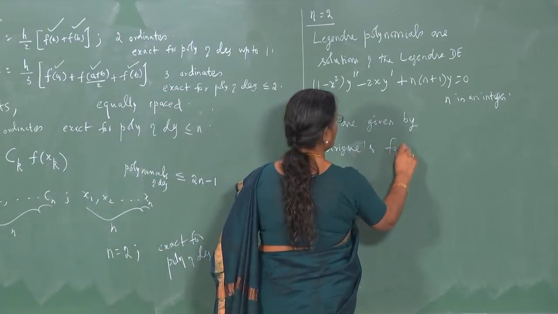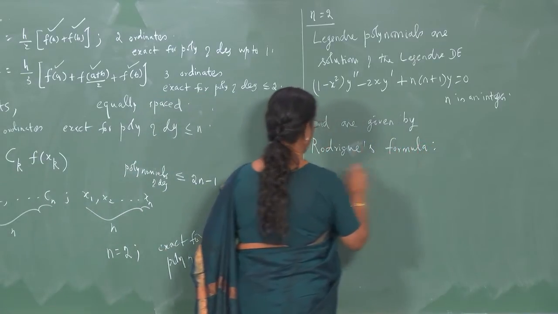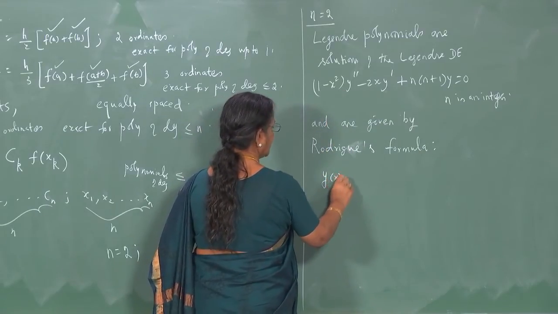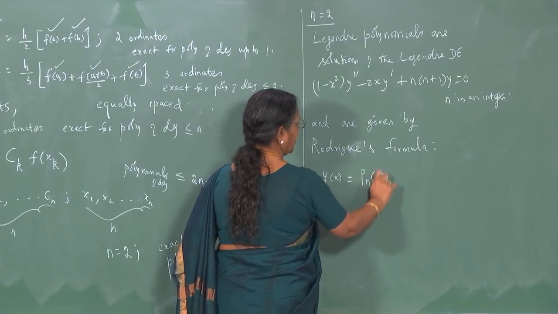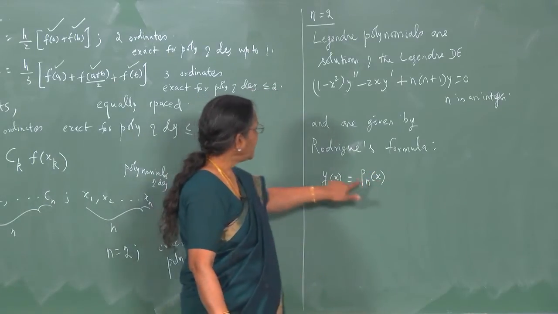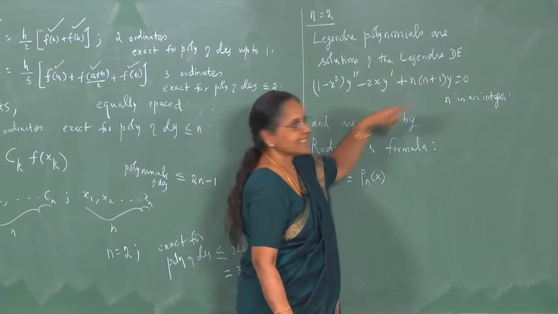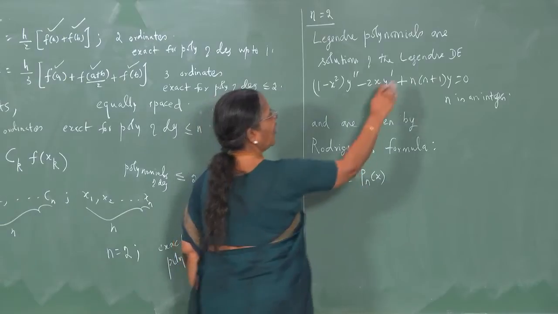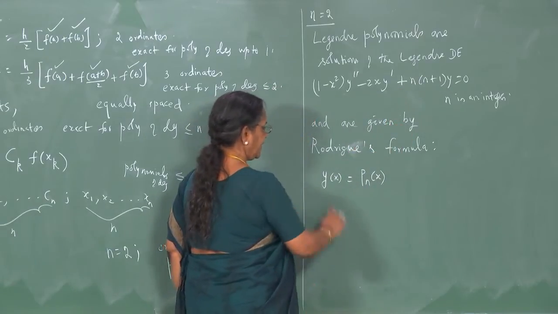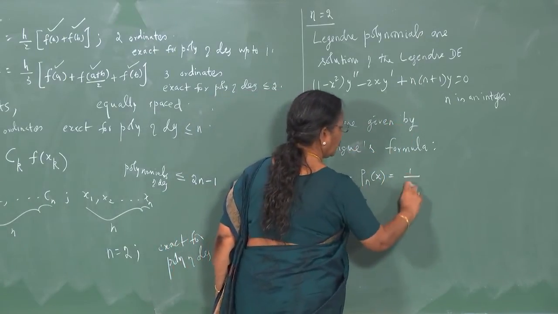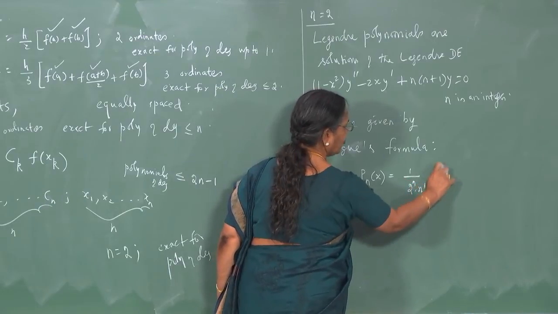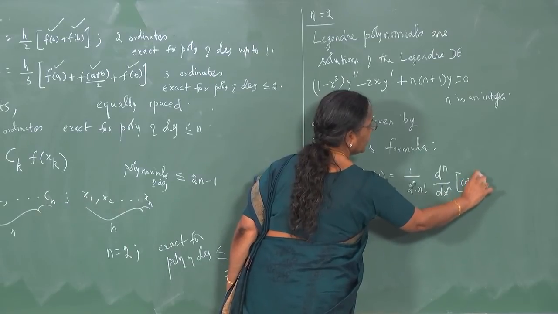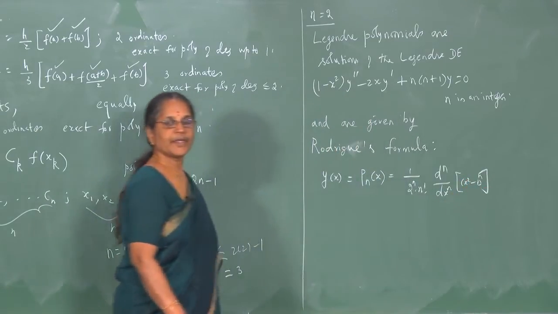So, Rodrigues formula tells you that the solution of this equation y of x, which is a Legendre polynomial of degree n, when n appears here in the differential equation in the form n into n plus 1, is given by 1 by 2 power n into n factorial into nth derivative of x square minus 1 to the power of n.